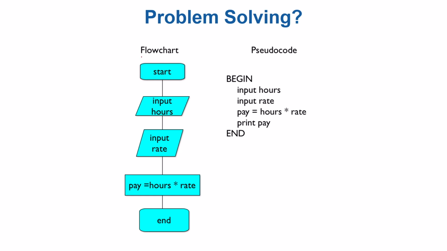And one such way is to express algorithms using flowcharts. Flowcharts are graphical ways of expressing algorithms. The problem we are discussing here is computing the pay of different employees of some company.